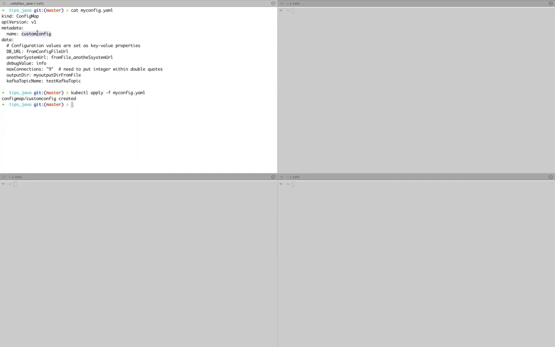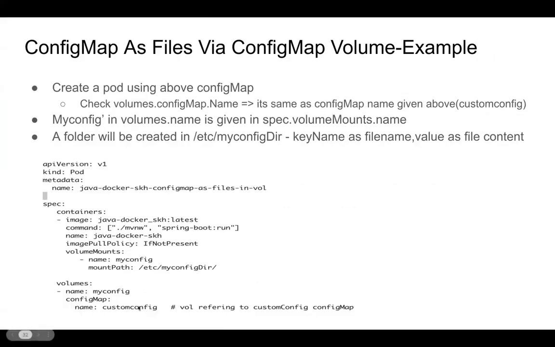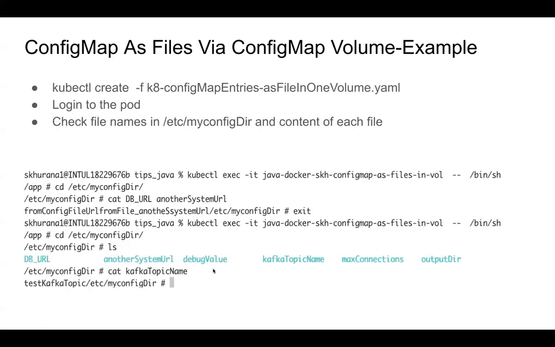So we give this name and use that to have a volume inside the pod, and the volume name is my config. Now this volume is mounted. So there's a volumeMount. This name is the same as this name. Which means this volume is getting mounted inside the pod, in this directory, the /etc/myconfig directory.